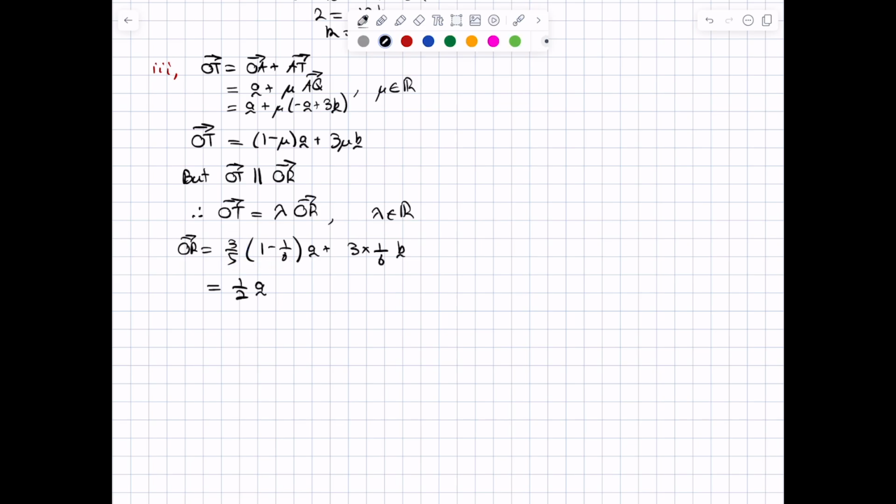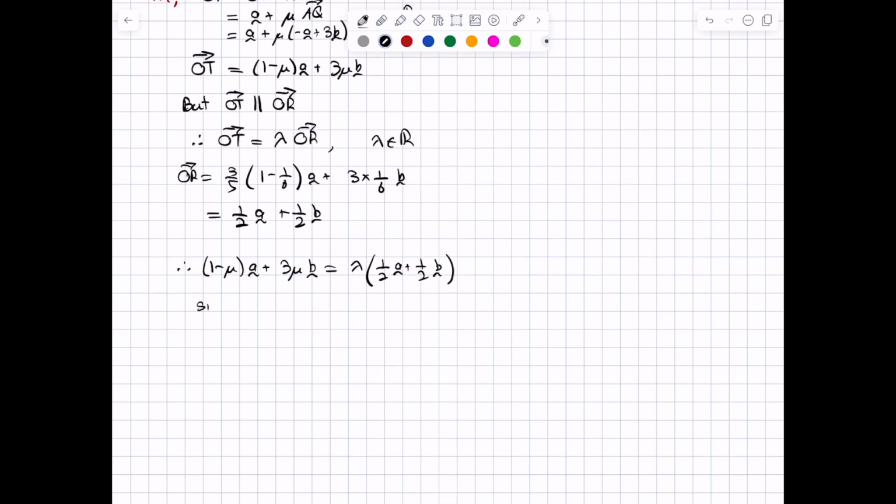So we have a half A plus a half B. So now I can substitute this expression for OR, this expression for OT, into this equation, OT equals lambda OR. So therefore, (1 minus mu) A plus 3 mu B equals lambda into (a half A plus a half B).